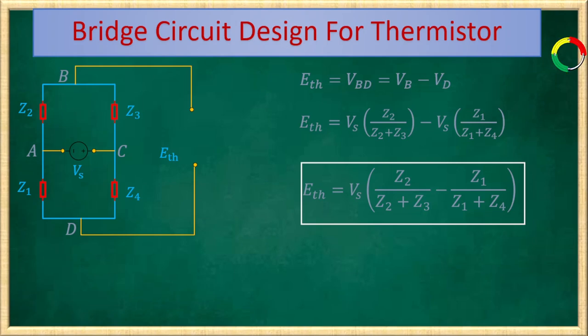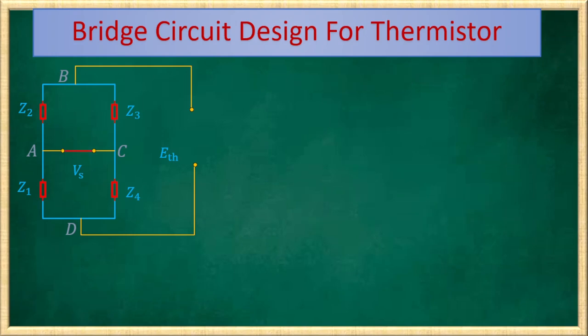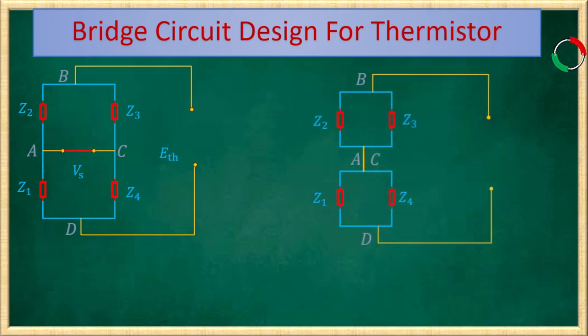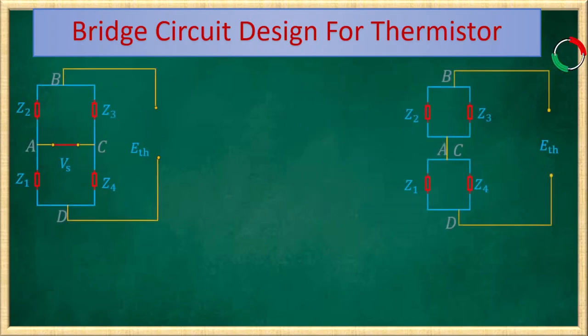Now, to find the Thevenin's impedance, we need to replace the voltage source Vs by its short circuit and redraw the circuit like this. Now, we can find the Thevenin's impedance ZTH from the simplified circuit where Z2 and Z3 are connected in parallel and Z1 and Z4 are also connected in parallel.